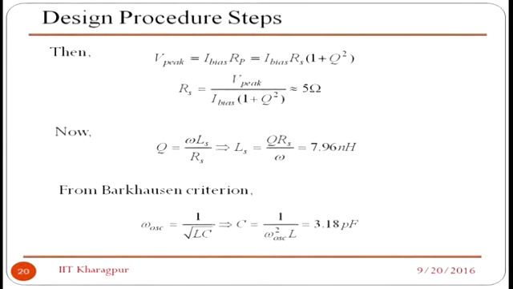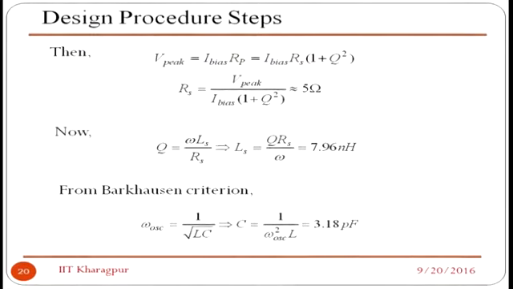Then calculate the V peak, the peak swing of the LO oscillator, which is I bias into RP, where RP equals RS. What is RS? RS is the series resistance of the inductor. So I bias, the biasing current flowing from the VDD, is multiplied by the series resistance times 1 plus Q squared. So Q is so important, because the swing of your oscillator depends on that. And then you can calculate RS from this value.